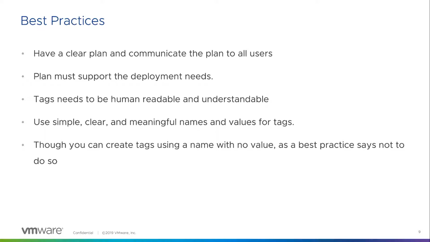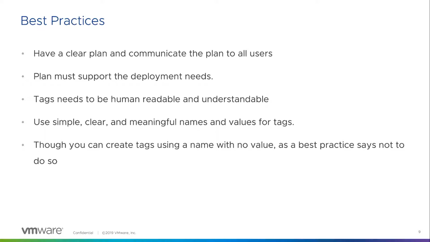Now the plan must support the deployment needs, and it needs to be human readable and understandable. I can definitely use some codes or something cryptic, but it's not going to help my end users. So you should have the tags named in such a way that it makes sense to you and your environment.